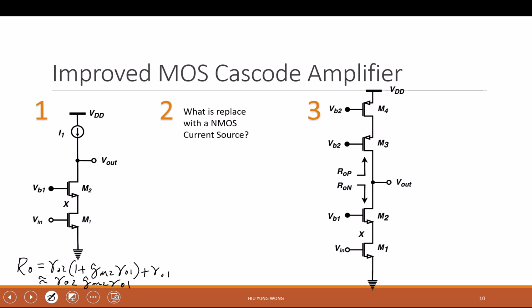Why do I say that? Because when I go in, this Rout equals Rup parallel Rdown, right? And Rup is infinity.